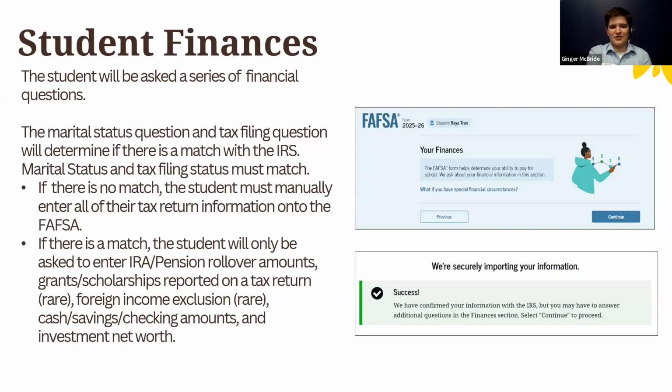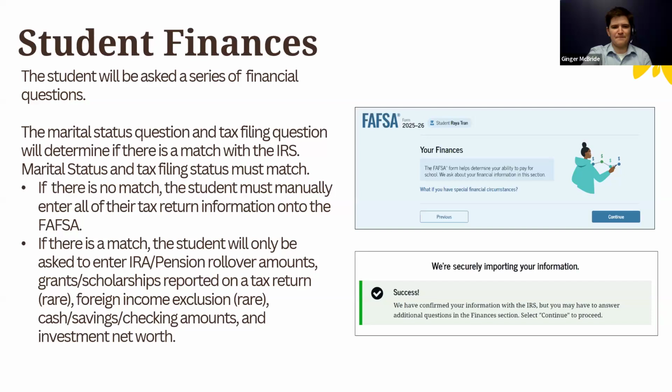But if there is a match, the student will only be asked to enter information about their IRA/pension rollover amounts. If the answer is 0, that's okay, but they're going to be asked about it. Grants and scholarships that were reported on a tax return, which is rare. Foreign income exclusions, which is also rare. And the total amount of their cash savings, checking accounts, and investment net worth as of the day that they're filing the FAFSA.